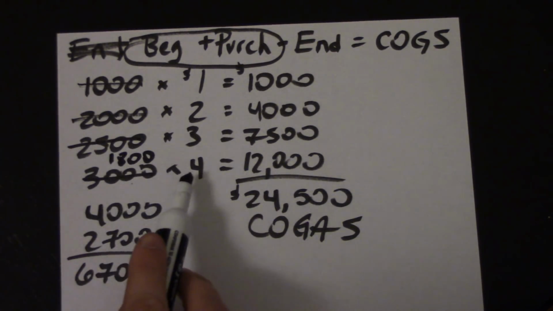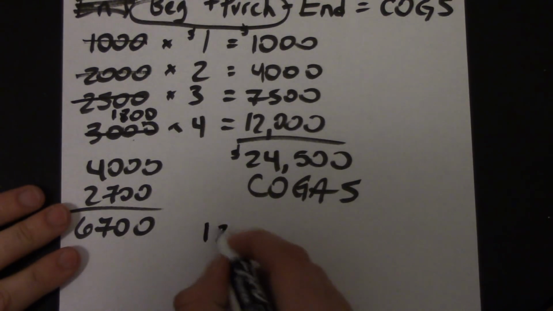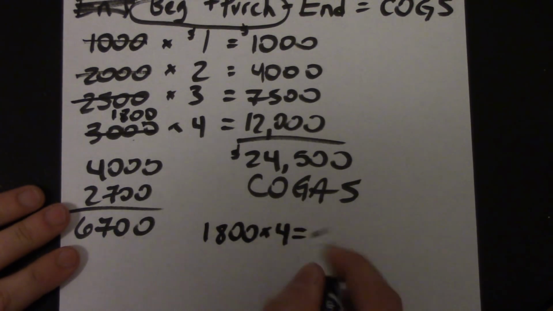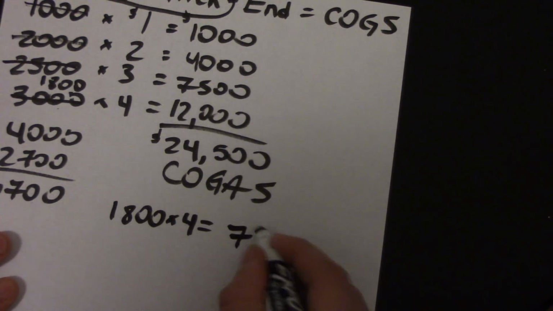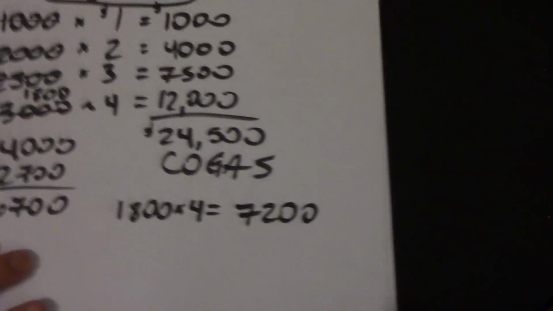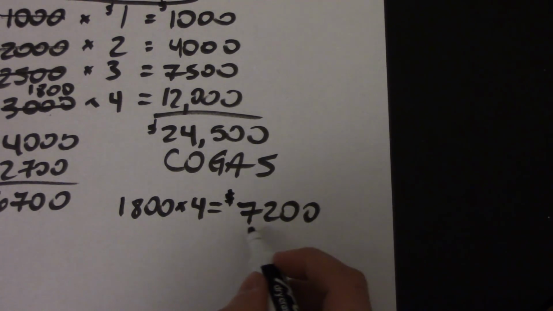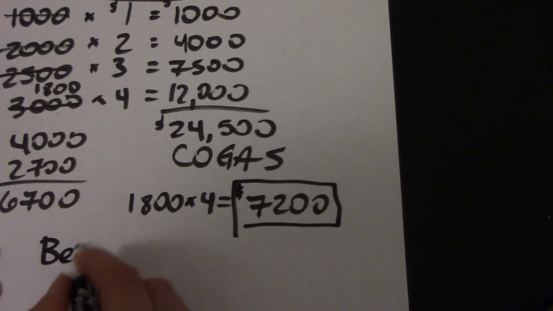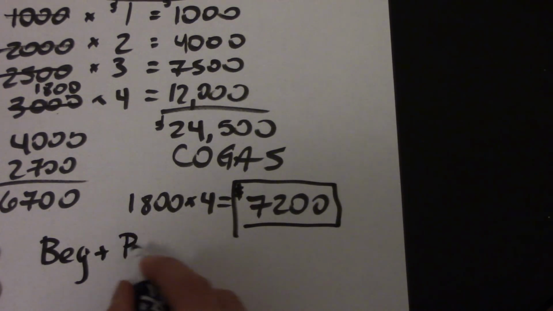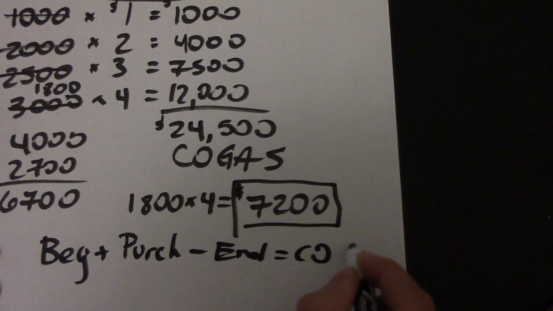So 1,800 units at $4 each gives us $7,200. There's our ending inventory, $7,200. So we can plug that into the equation. Beginning inventory plus purchases minus ending gives us cost of goods sold.